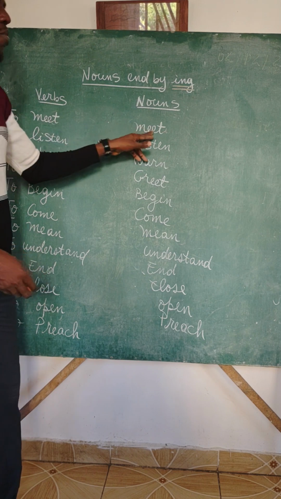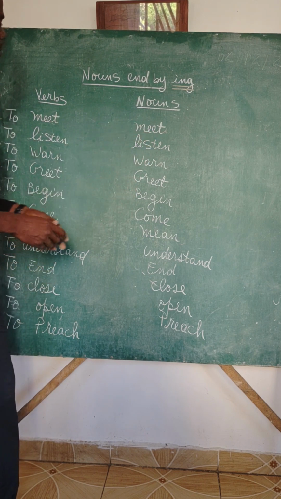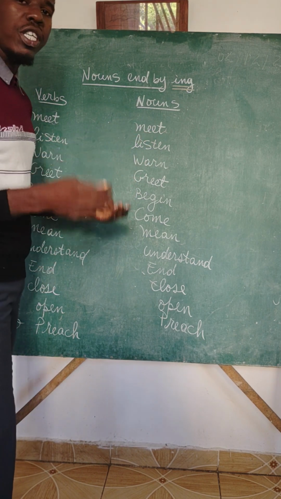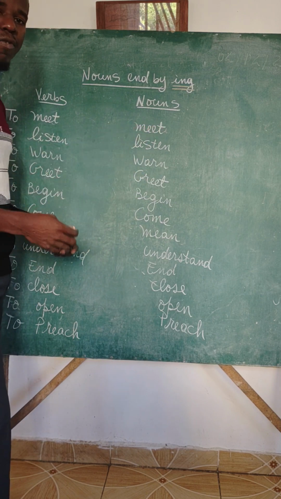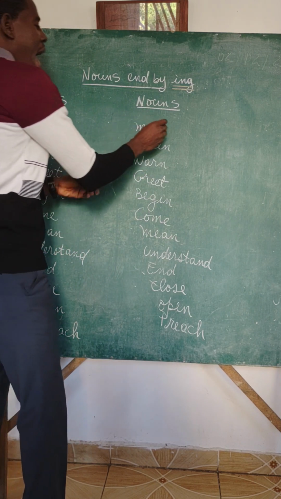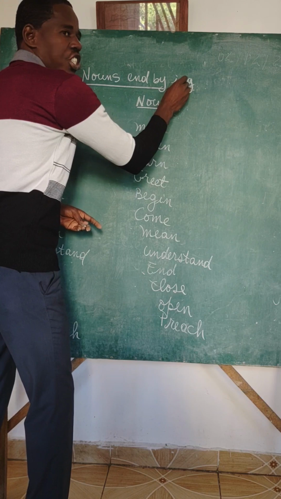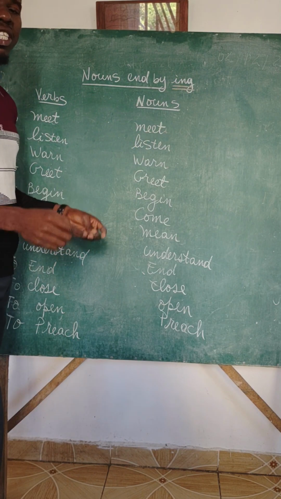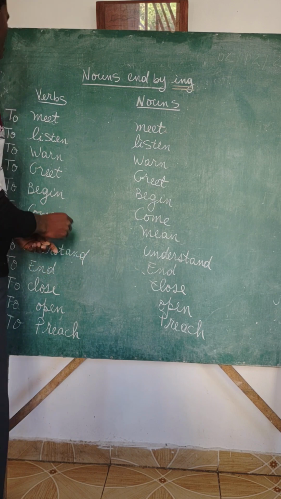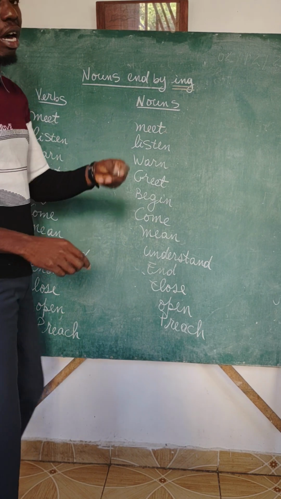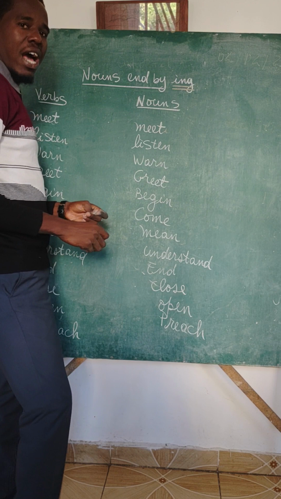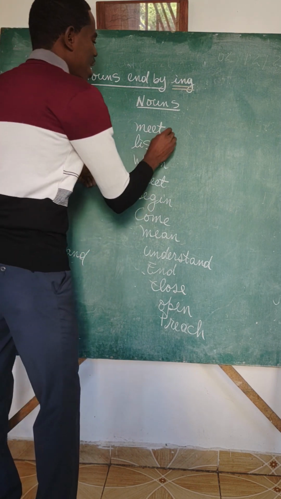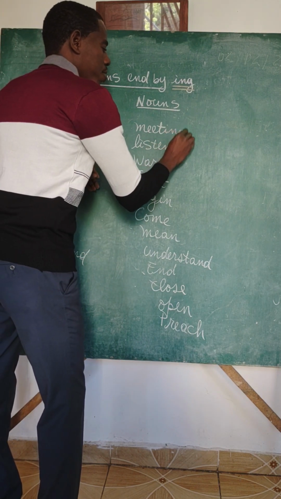You can create nouns from some verbs by adding ing at the end of the base form of these verbs. For example, to meet is a verb and the noun from meet is meeting.